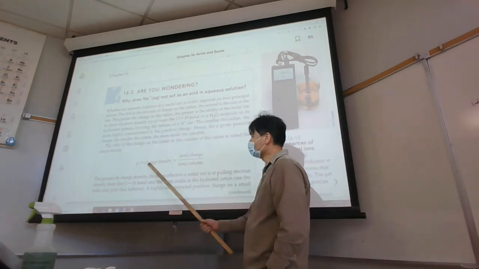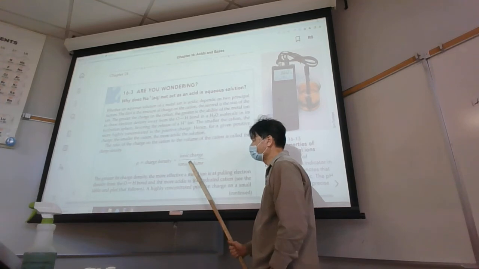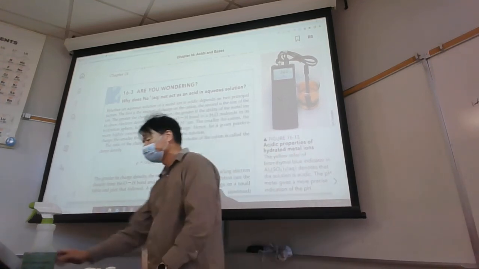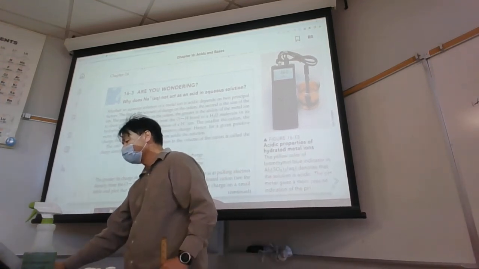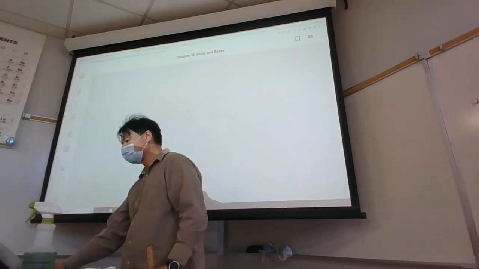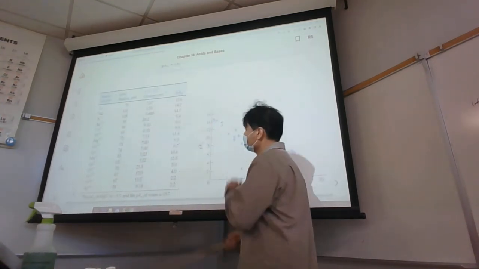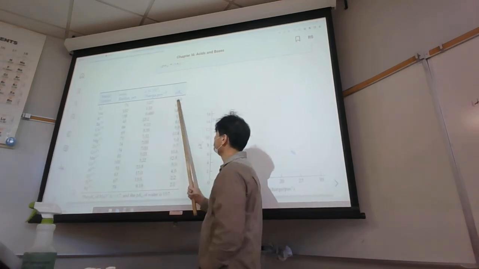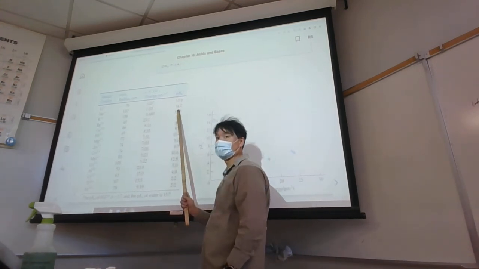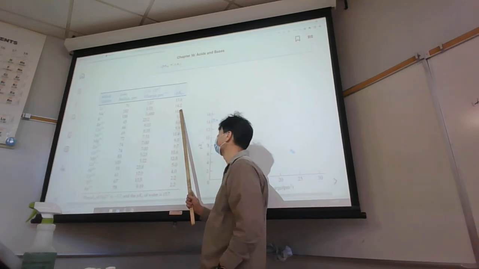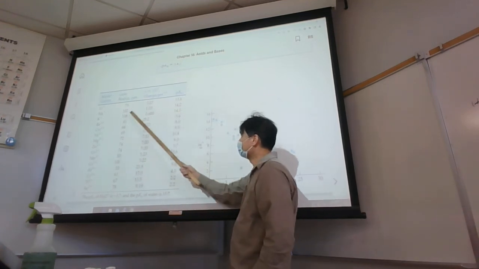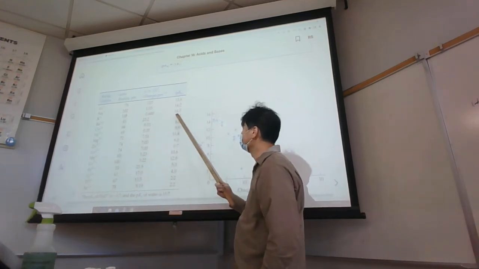It has to do with charge density, the charge over the volume. Sodium ions and other group 1 species don't have a very high charge density, and therefore they aren't very acidic. Sodium ion's pKa is 14.2, which is worse than water. Water's pKa is 14. And so we think of sodium ions as neutral.